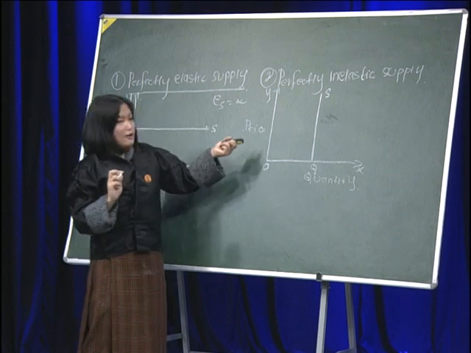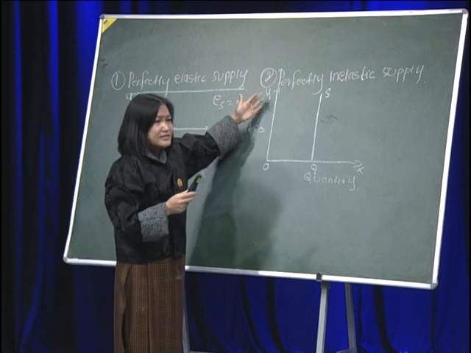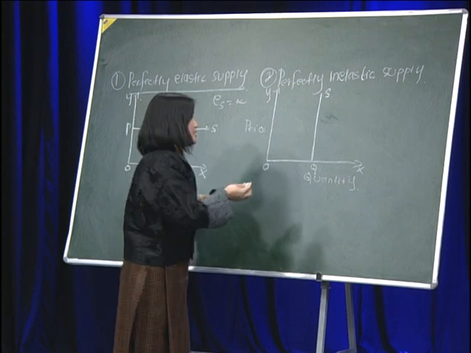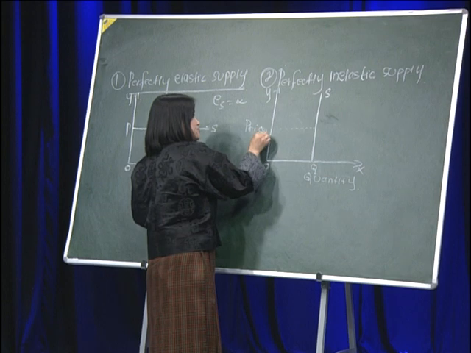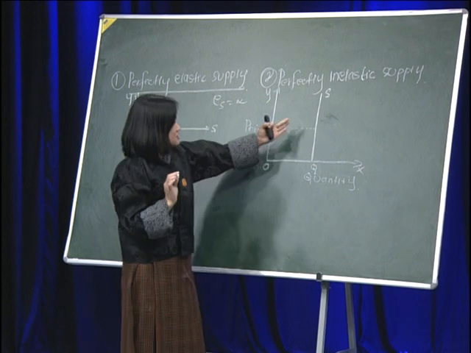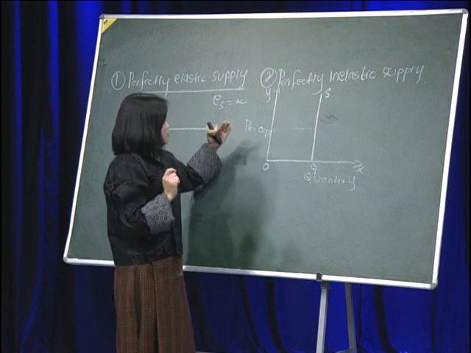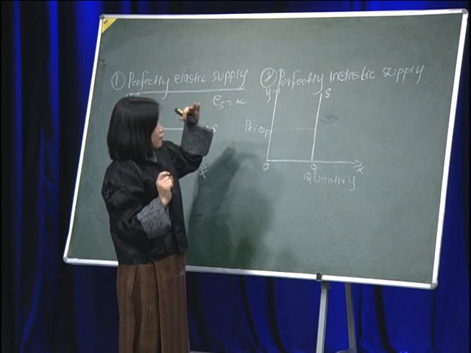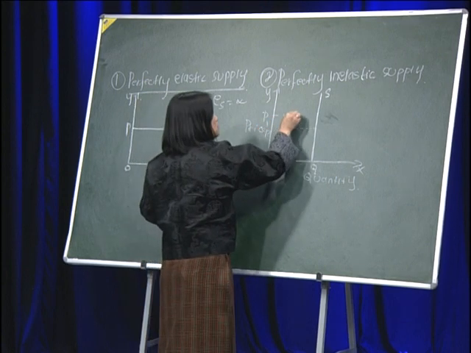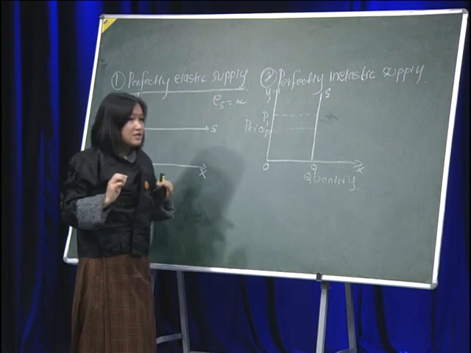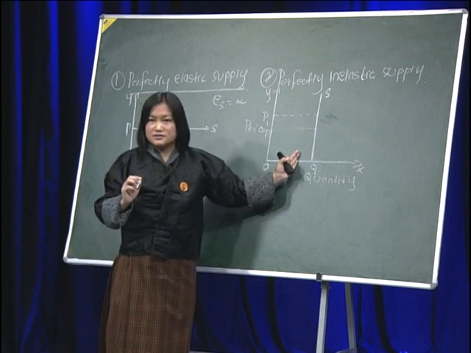If you look at this graph, you'll see that whether the price increases or decreases, okay, let's say a situation where the price is P, the quantity supplied is the same. And then let's say now the price is increased from P to P1. You'll still see that even if there is an increase in the price, the supply is completely fixed.